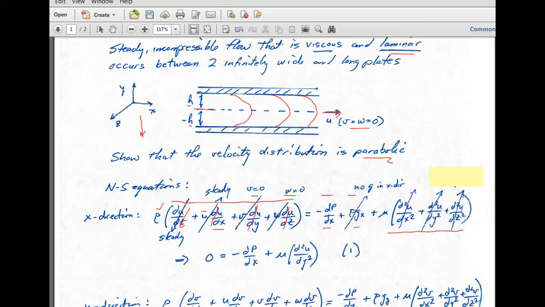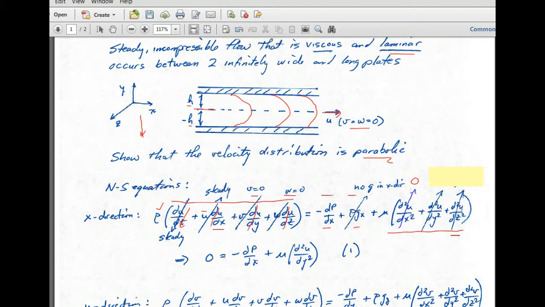Now let's look at the shear terms. There's no gradient of u in the x direction, therefore this second derivative is 0 too. This one is equal to 0 with respect to the z direction.